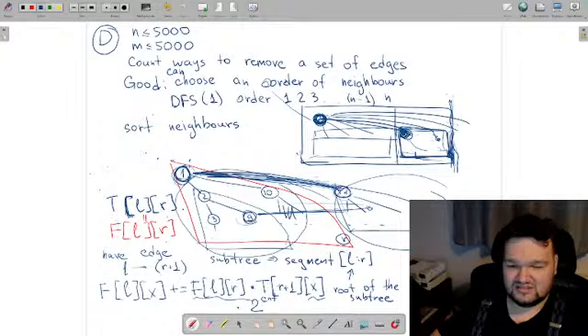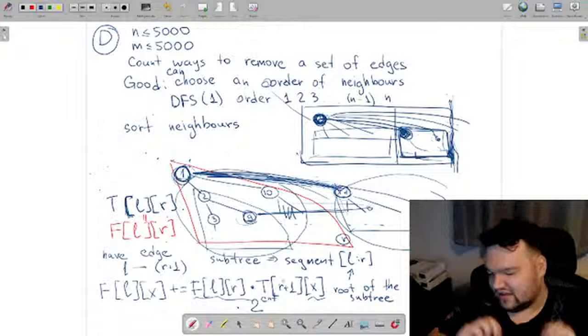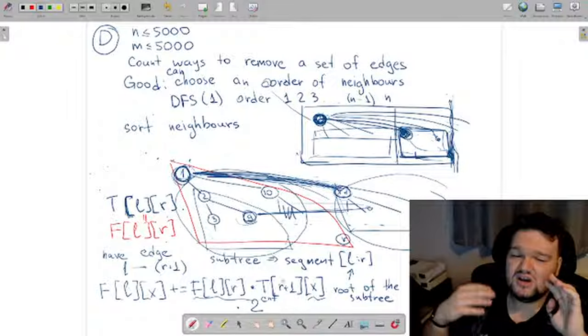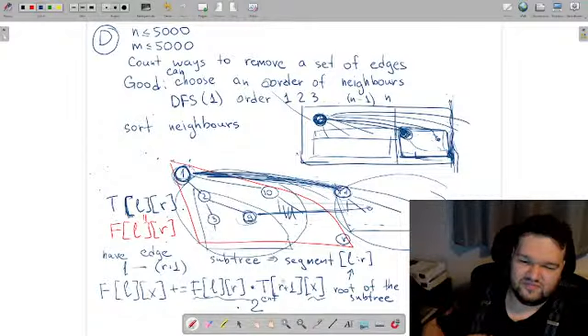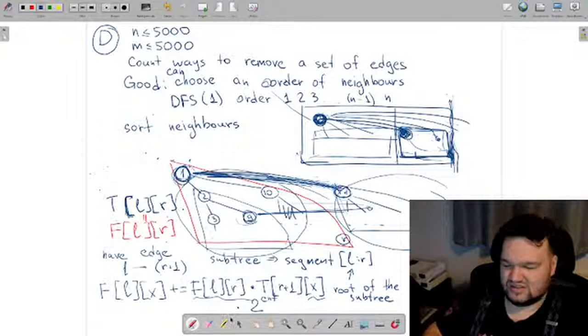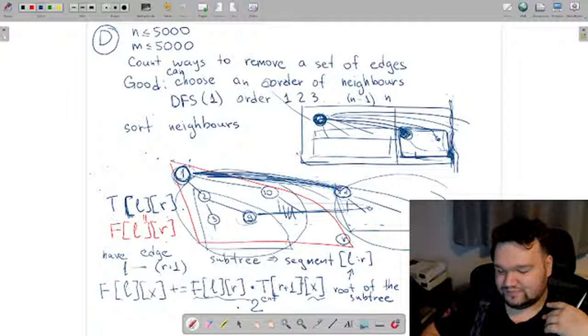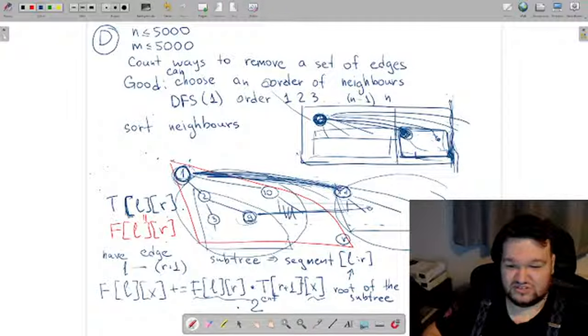And that number we can either pre-calculate with prefix sums, or when we are iterating over x, maintain the number of edges, or just 2 to the power of that number, to make transitions in constant time. And this DP will work in O of nm, which is fast enough.